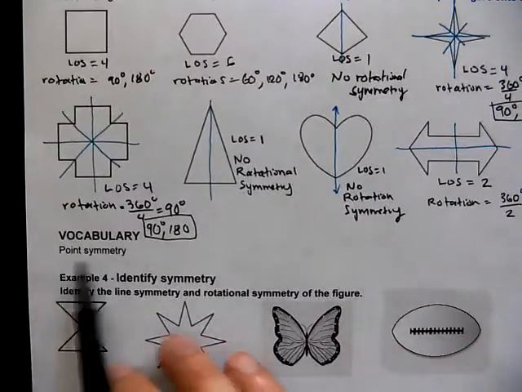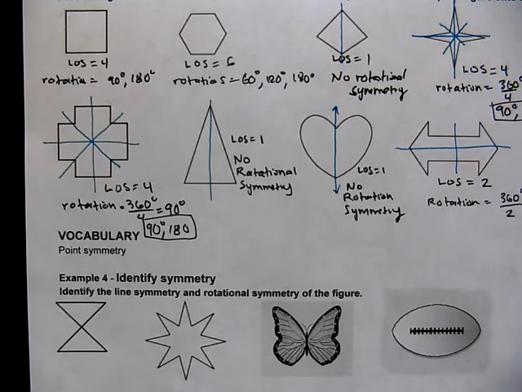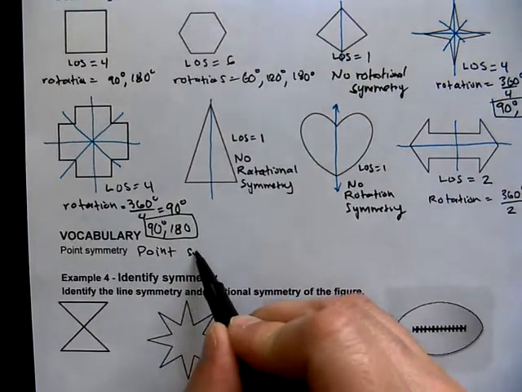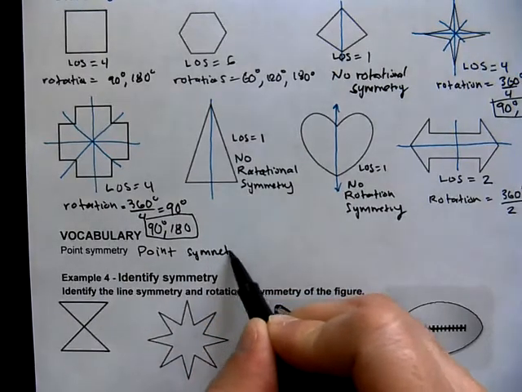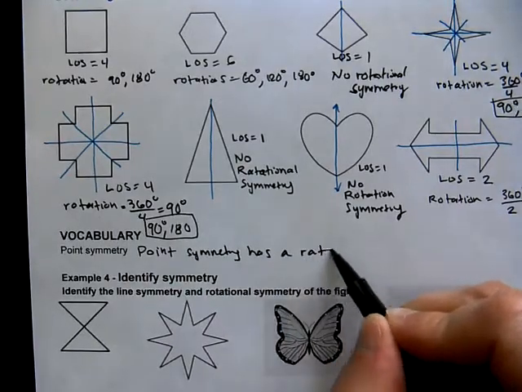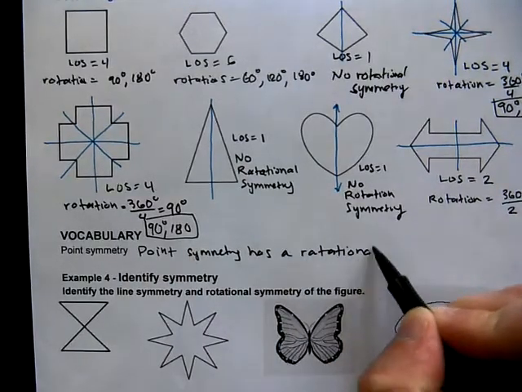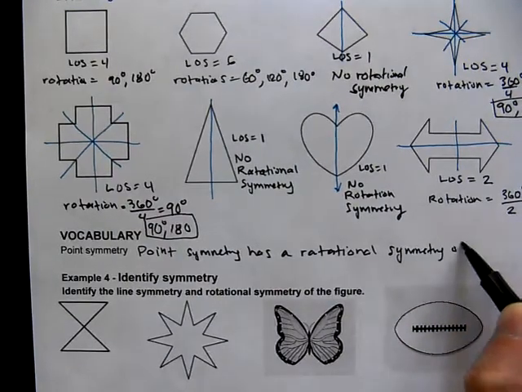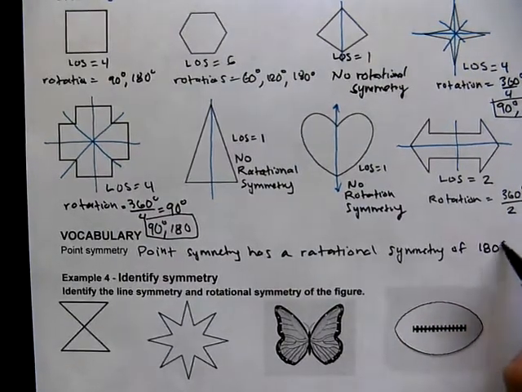So here's a little space for the point symmetry, which we had already described on page 1. Here it is for reference. Point symmetry has a rotational symmetry of 180 degrees.